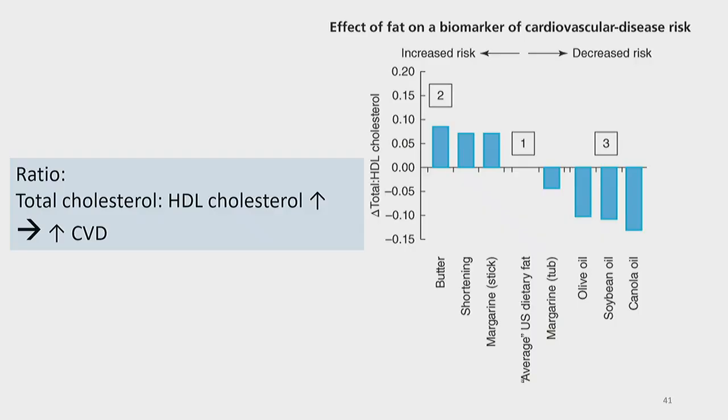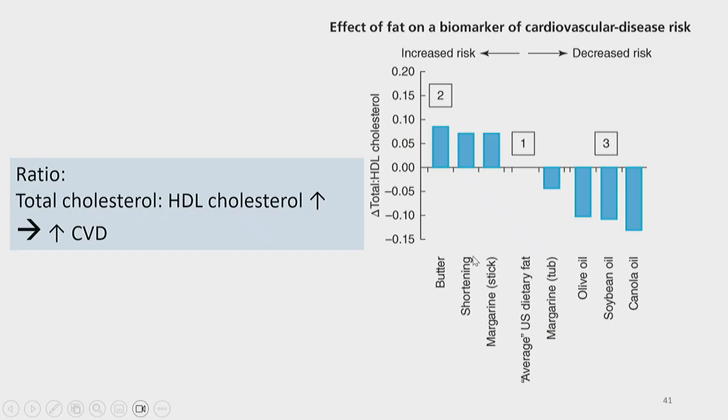If we go to number 2, they replace a fixed amount, the same amount, of the fat they eat by margarine, the stick one, the hard one, which contains hydrogenated fatty acid and trans fatty acid. This is not available in Canada anymore, which is good, as I mentioned last time.